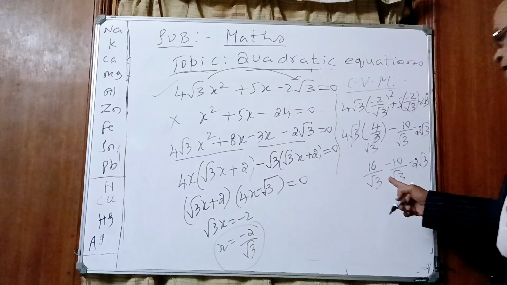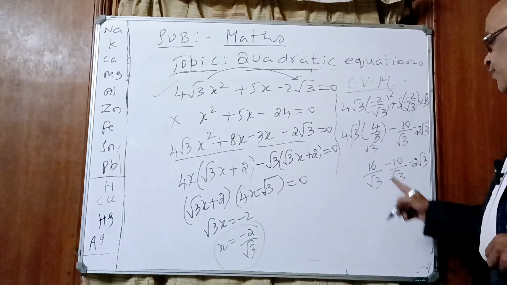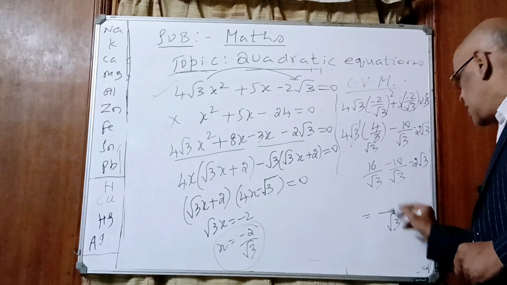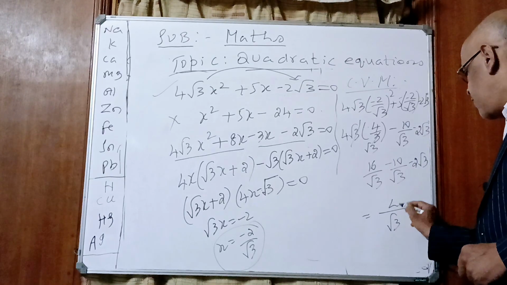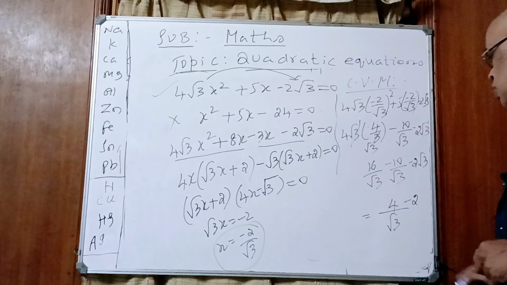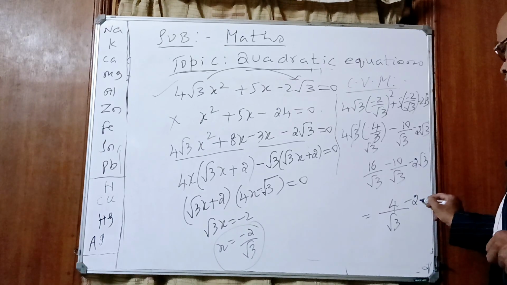What do we get, children? What is the LCM here? LCM is root 3. 16 minus 10 is 4, so 4 by root 3 minus 2 root 3.